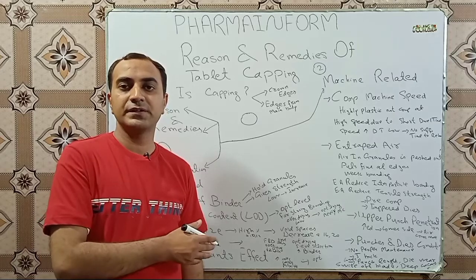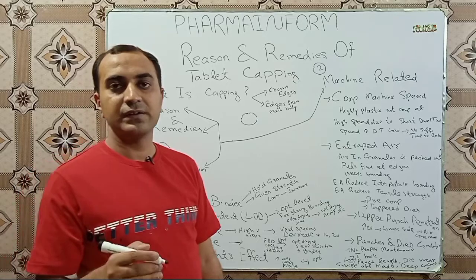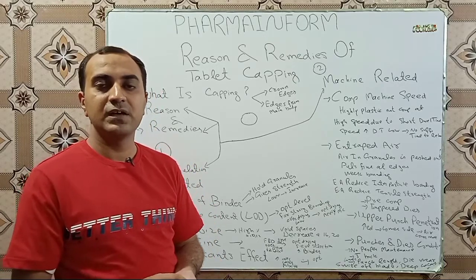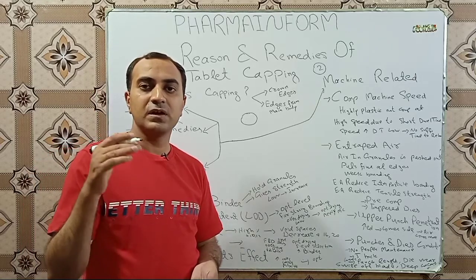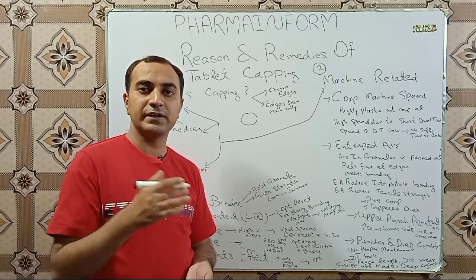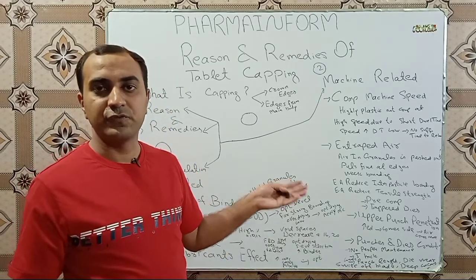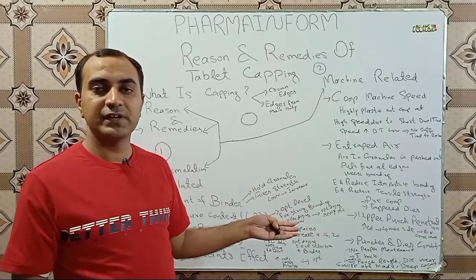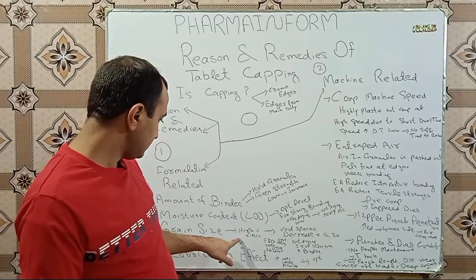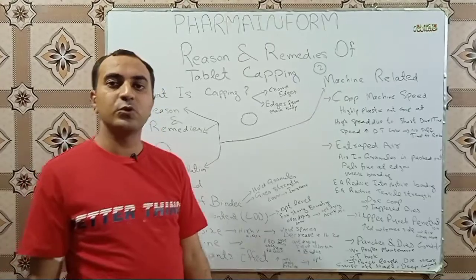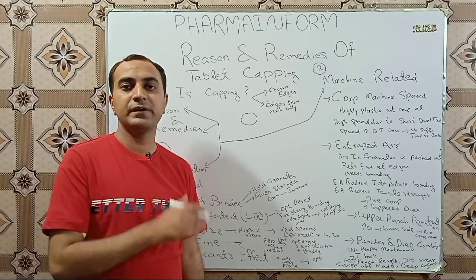The behind the scene reason is that if our granule size is very large and we have less amount of fine, these large size granules will create problems during compression operation to fill the die cavity properly. So if our die cavity is not filled properly due to large size granules and fine is less, the void spaces will not be filled and it will result in tablet capping.